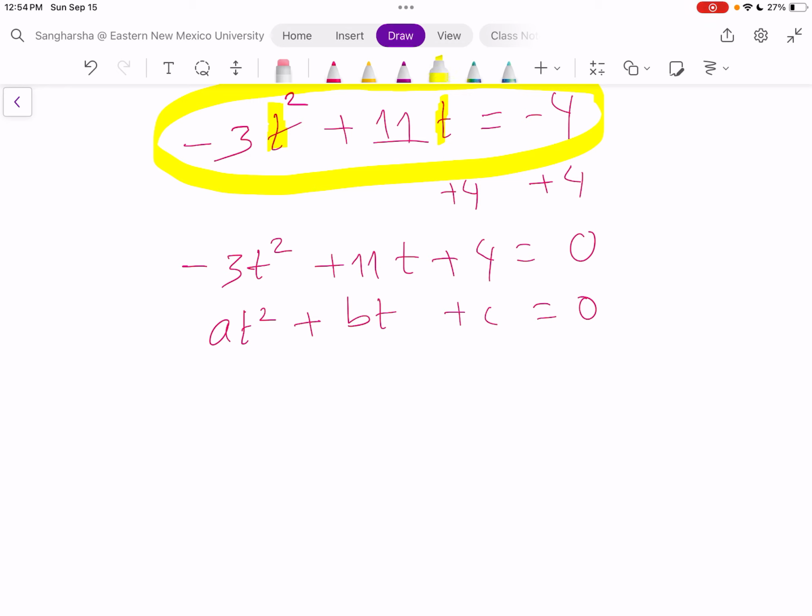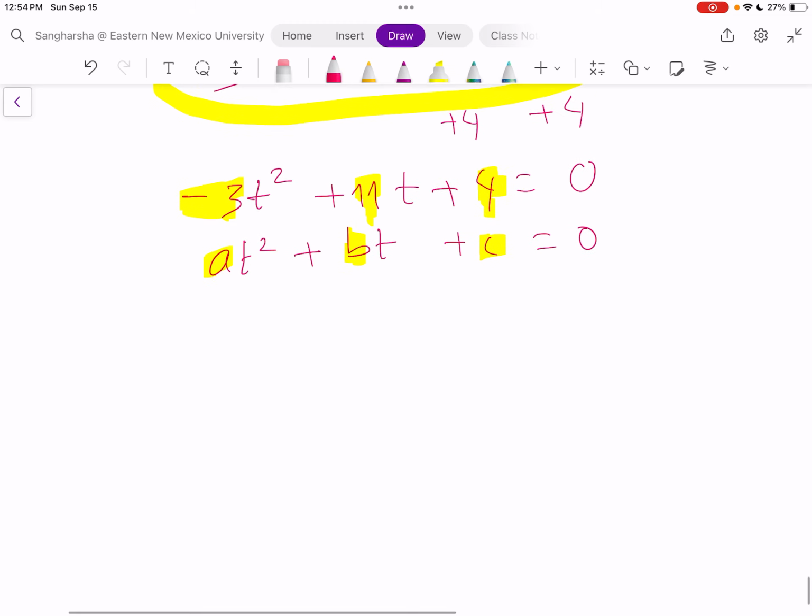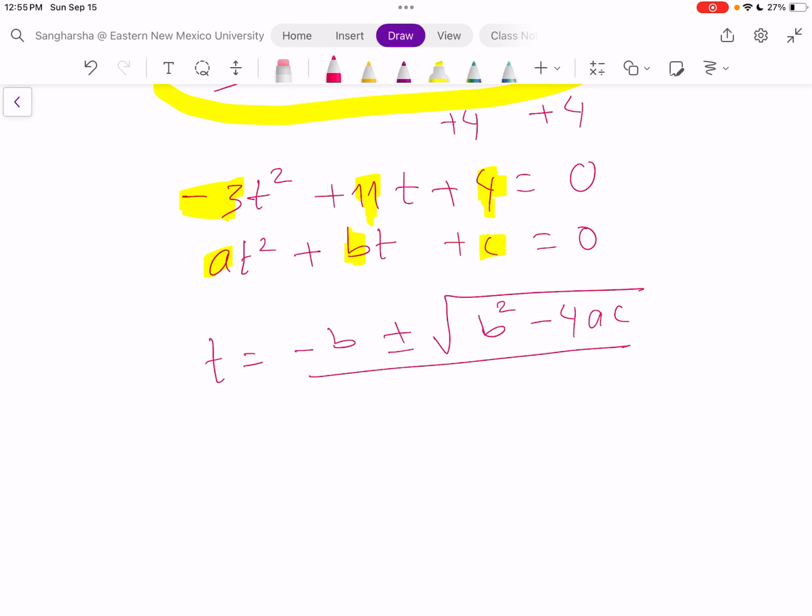Now if you compare, for a we have negative 3, for b we have positive 11, for c we have 4. So we substitute this in our quadratic formula. Our t equals, because the variable is t, so we are using t, we are not using x, negative b plus or minus the square root of b squared minus 4ac, divided by 2a.